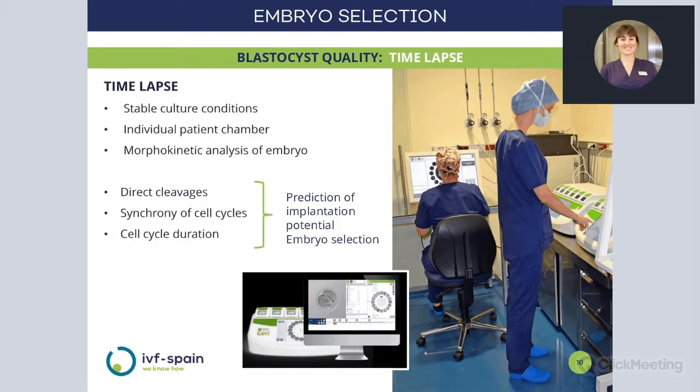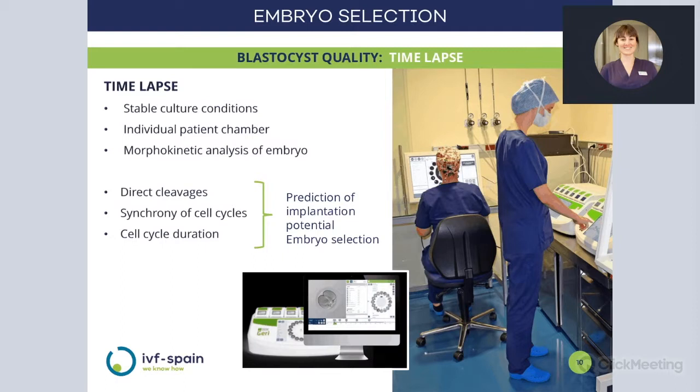So nowadays we have a very powerful tool to evaluate embryo development. This is called time-lapse incubators. Time-lapse incubators basically have a camera inside that takes pictures of the embryos every 5 minutes. And this allows us to have a continuous recording of the embryos. In these incubators, every patient has an individual chamber.